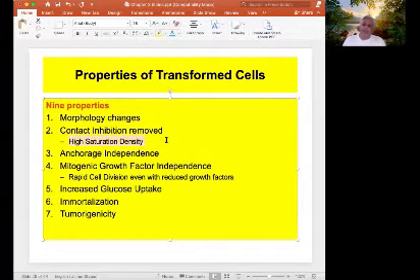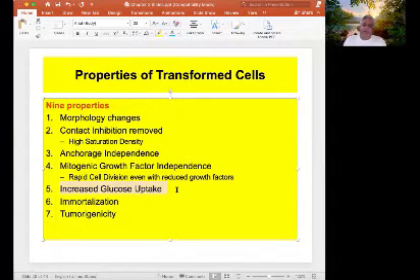We can also say that they have a high saturation density within a test tube or inside the patient. We also spoke about anchorage independence, so they don't need a substrate, the basement membrane or something to be holding onto. They become independent of these growth factors and other types of cytokines and chemokines that are present in the connective tissue. And related to that, they have rapid cell division, even when these chemicals are withdrawn, either in the test tube or within the in vivo environment of a cancer, right?